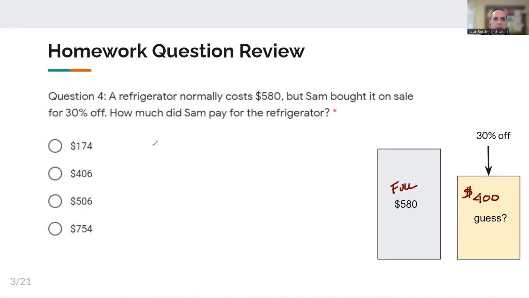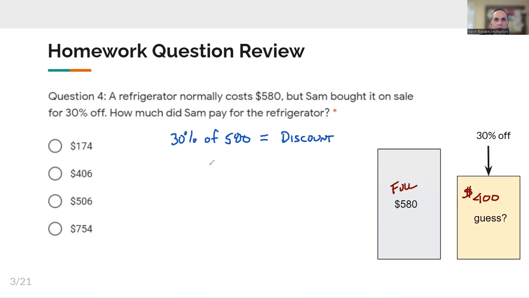But let's just do the work. Okay, in this case, we want to boil this problem down to, first of all, what is 30% of 580? And the meaning of that number is going to be the amount of the discount. That's how much the price is going to be reduced, 30% of 580.